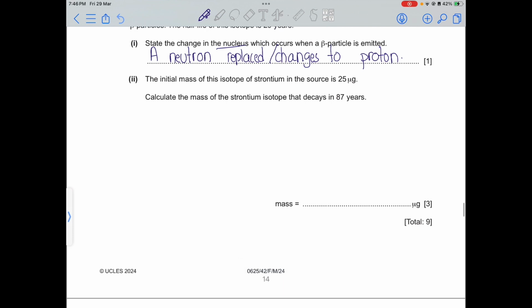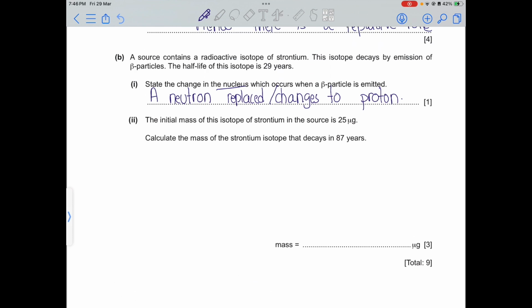Then it says the initial mass is 25 and asks to calculate the mass after 87 years, with the half-life being 29. So 87 divided by 29 means 3 half-lives.